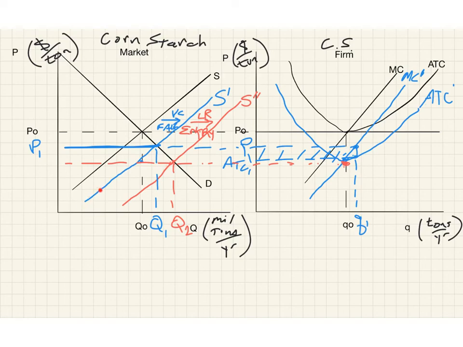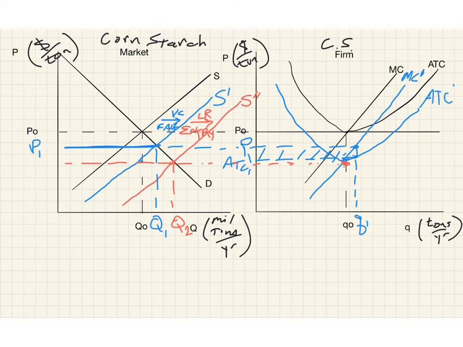So the cost fall leads to a decline in price that's not as big as the full cost reduction for firms. But in the long run, those short run profits attract entry, and with entry, the supply curve shifts to the right. How much entry will happen? Well, until all those profits are gone. The competitive process competes away any profits.